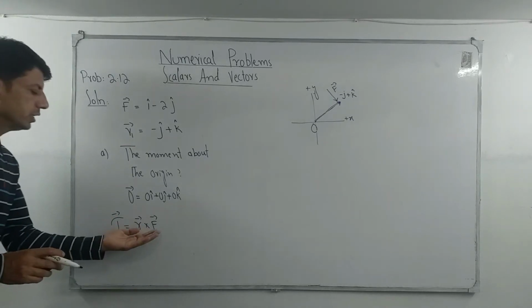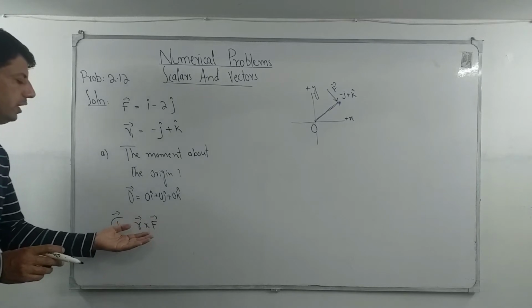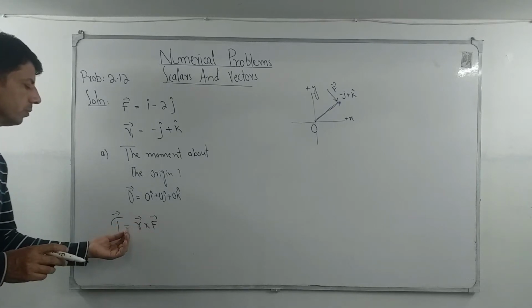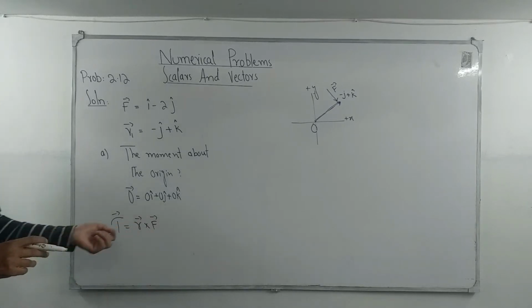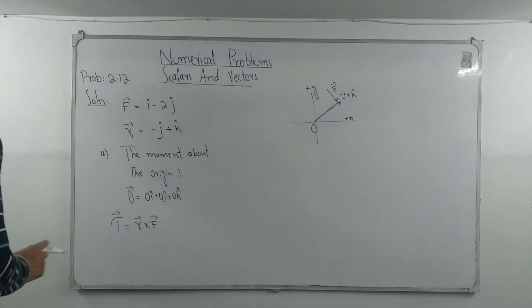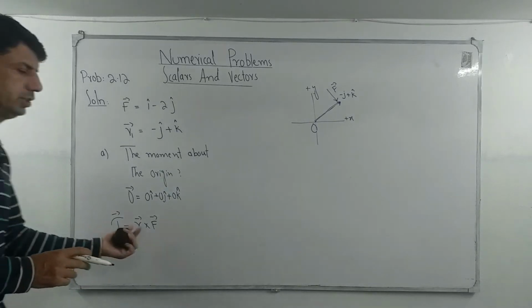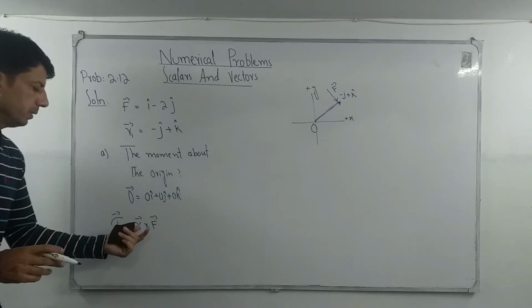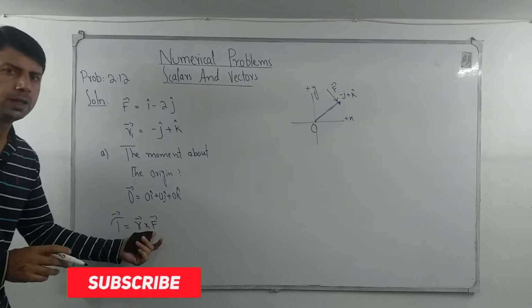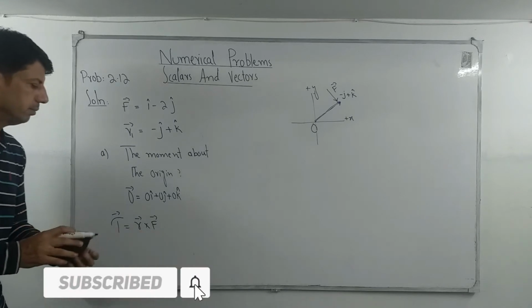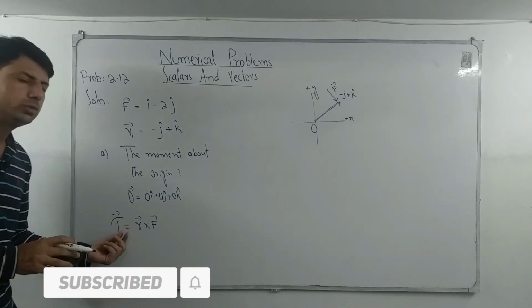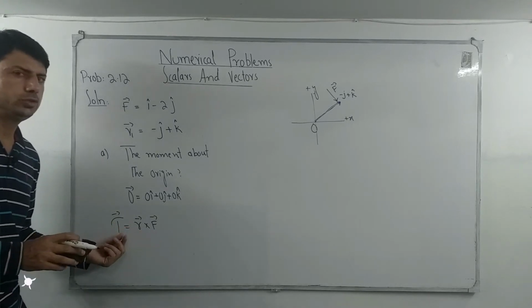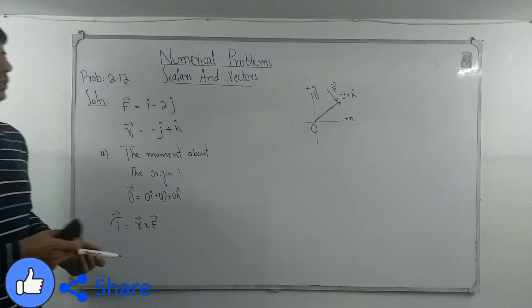To find the vector product, we need to use the matrix method. This is different from the scalar product.